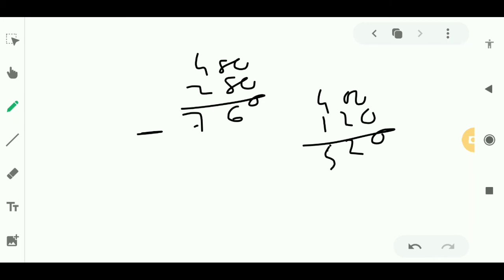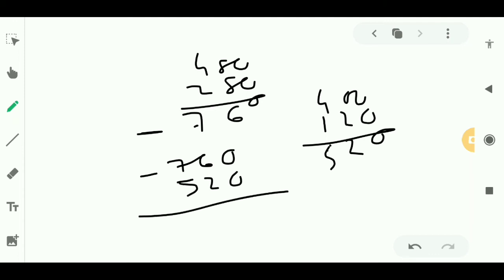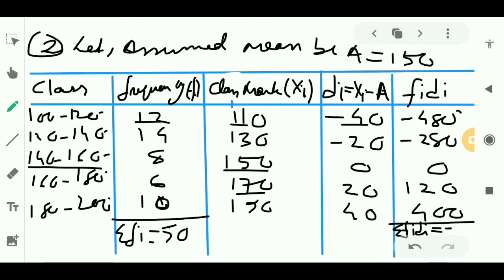So now minus 760 and 520. One is positive, one is negative, so we have to do subtraction: 760 minus 520 is 240. The greater one is negative, so we get minus 240. So summation fi di will be minus 240.